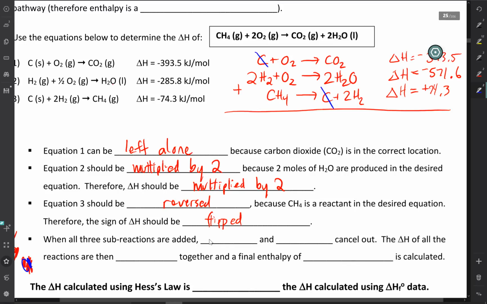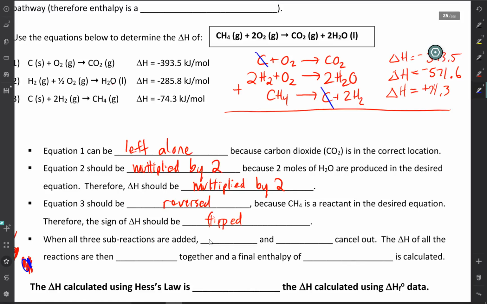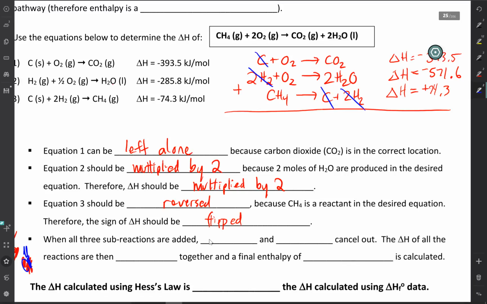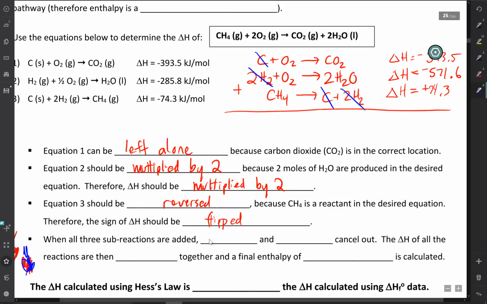Is there anything else present that I can cancel? Yeah, there is. I've got 2H2 on both the reactants and the product sides, so those will cancel out. There's nothing else for me to cancel, so I'm going to add them together. So the H2, more specifically the 2H2 and the C, are able to cancel out.